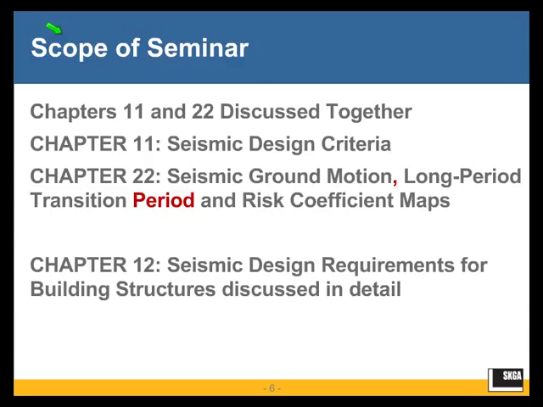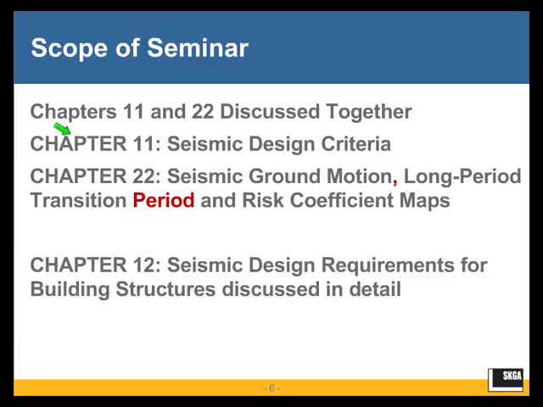We'll be discussing chapters 11 and 22 together because one of the most significant changes in the seismic provisions, if not the most significant change, are the new maps. There are new seismic maps in ASCE 7-10. We do devote some time to discuss why we have the new maps.